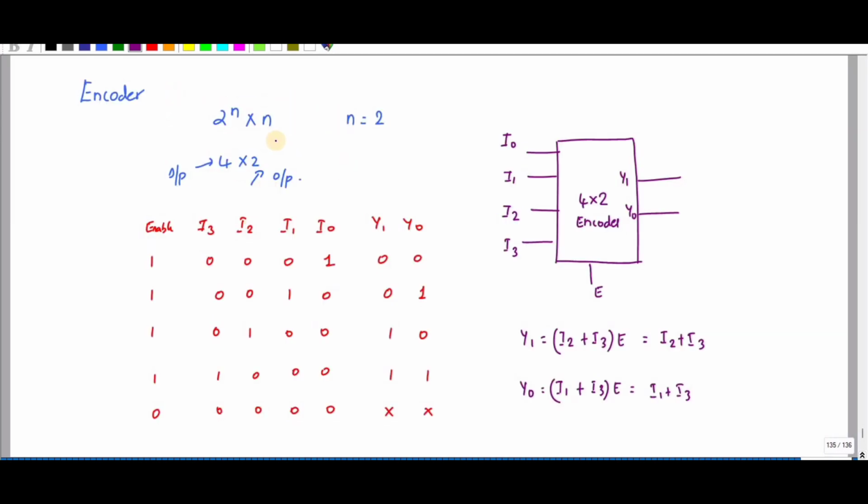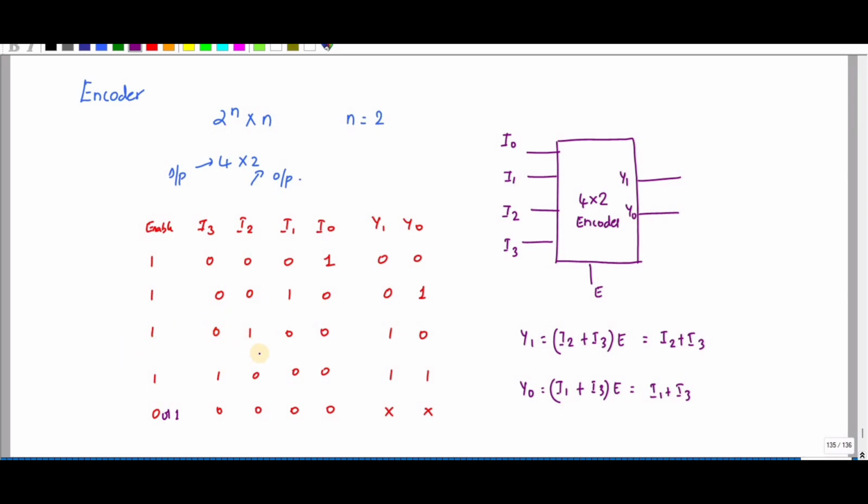So what is the disadvantage? Consider if this bit is changed.